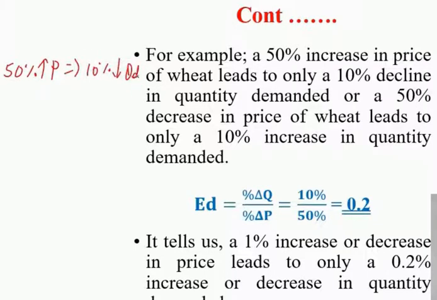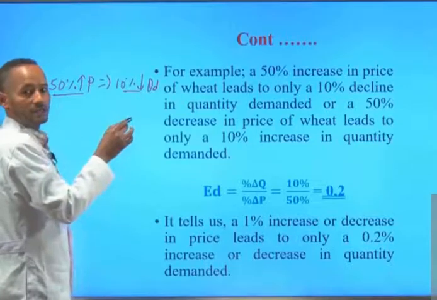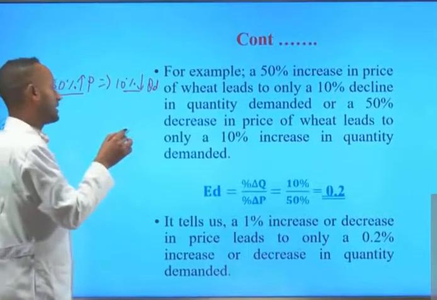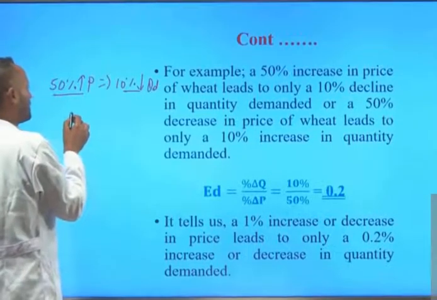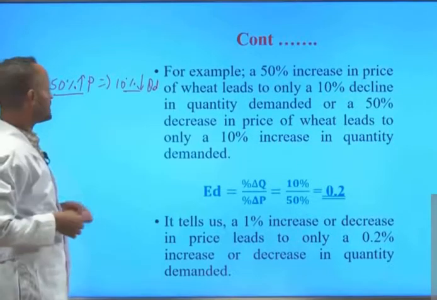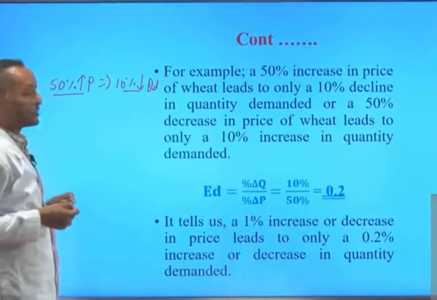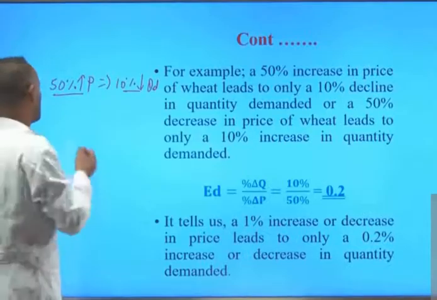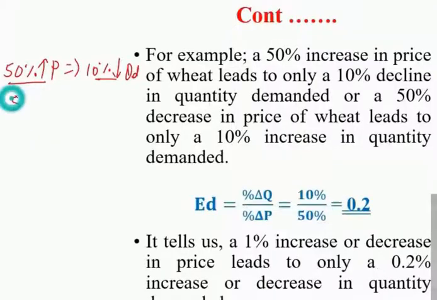That means the increment in price is too large, but the decrement in quantity demanded is too small. The buyer is careless to changes in price, and the buyer is said to be inelastic. A 50% increase in price of a commodity leads to a 10% decrement in quantity demanded. It means if there is a decline in price of a commodity by 50%, then the corresponding quantity demanded will increase only by 10%. In this case, the buyer is said to be inelastic.